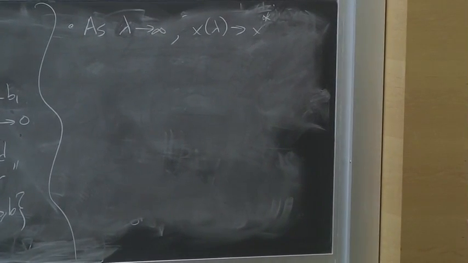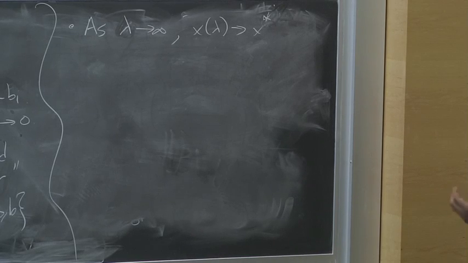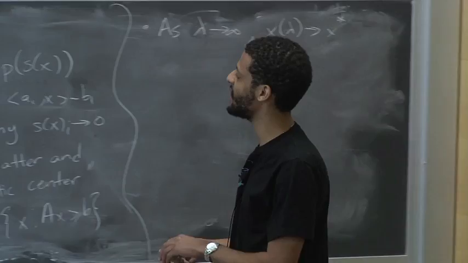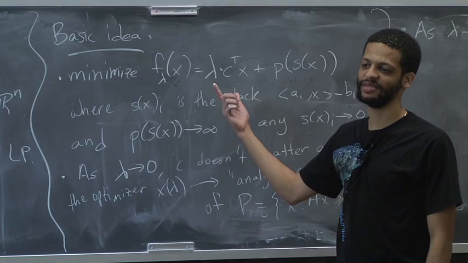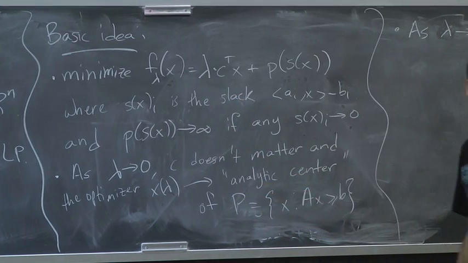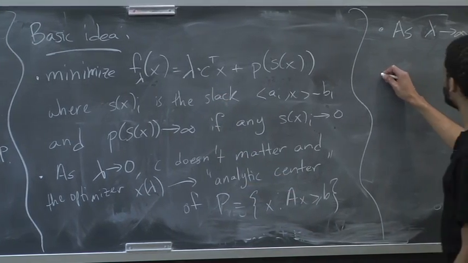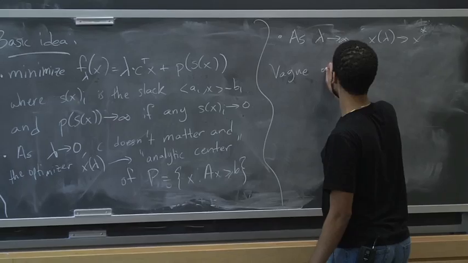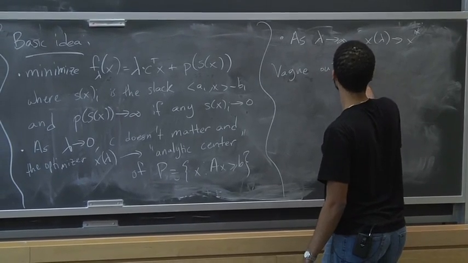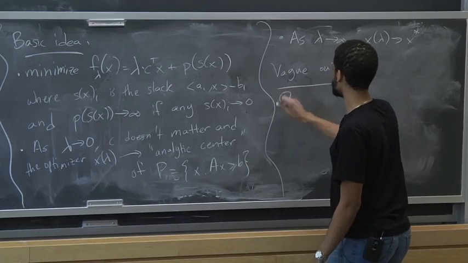Okay, good. So to actually implement this basic idea, who says that we can solve this problem either? So what are we going to do? The vague outline of the algorithm will look as follows.